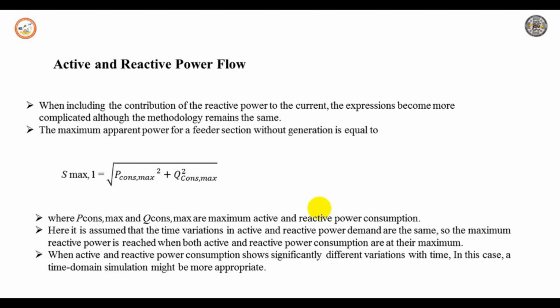So the maximum reactive power is reached when both active power and reactive power consumptions are at their maximum. Point to be noted: the maximum reactive power is reached whenever both active and reactive power consumptions are at their maximum limits.